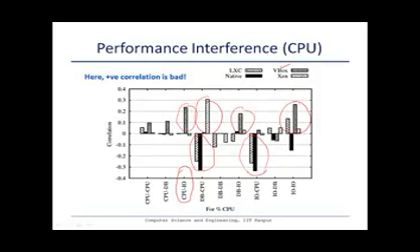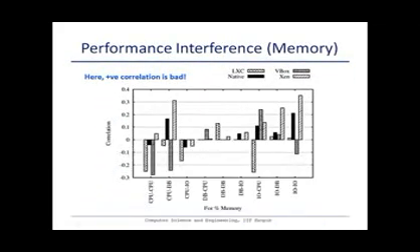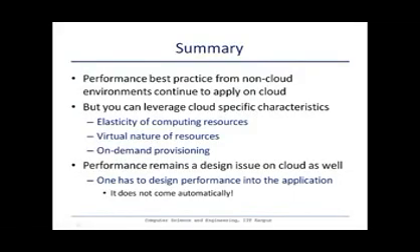However, cloud platforms bring certain characteristics which you can leverage to provide better performance for your applications. One of the key things is the resource elasticity, the computing resources elasticity which is available to you on a cloud-based platform, that can help you quickly scale your applications. You can add resources on demand and all in a programmatic manner.